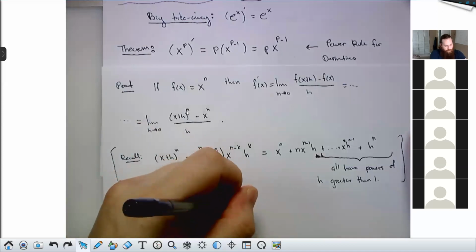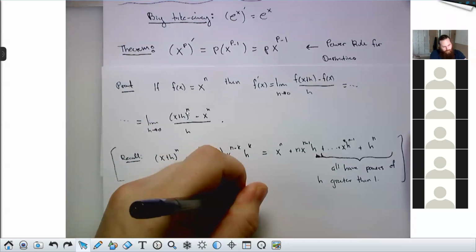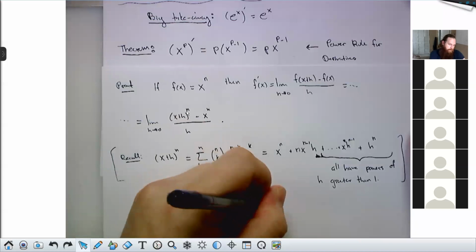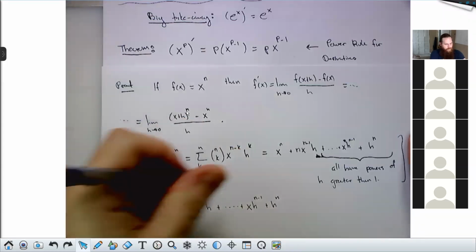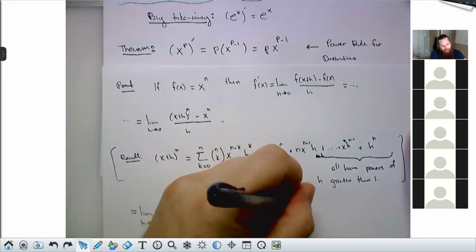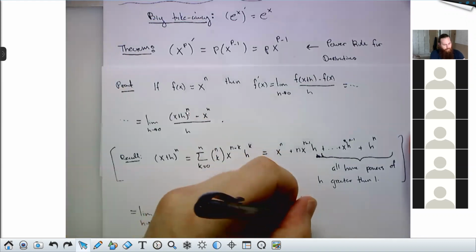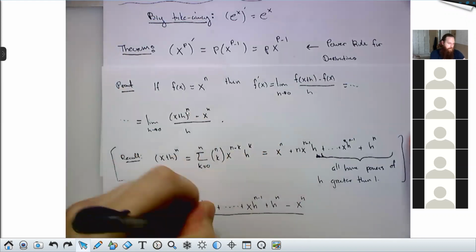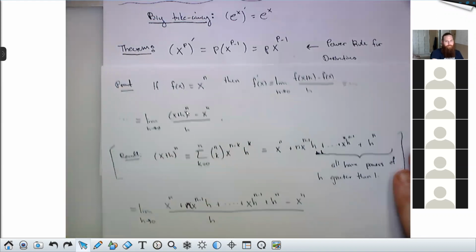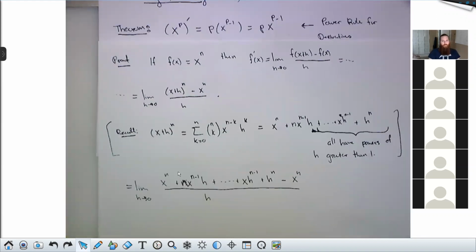The second to last term is x times h to the n minus 1, and the last term is h to the n, minus x to the n, that's the minus x to the n that we had from the original bit, all over h. So this is my binomial theorem expansion of x plus h to the n. That piece is this piece. This piece, x to the n, is this piece.